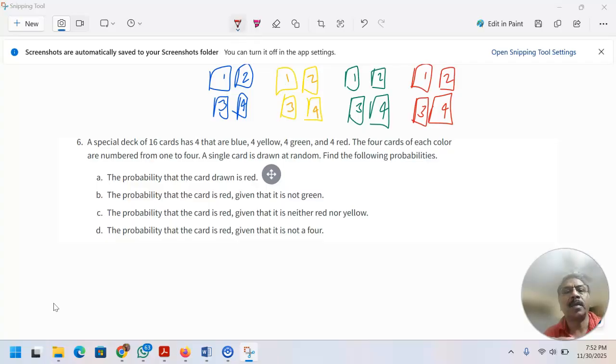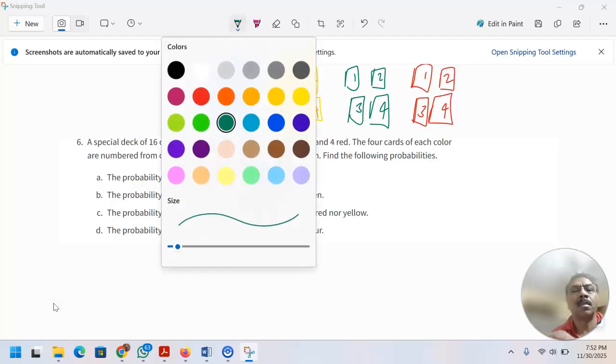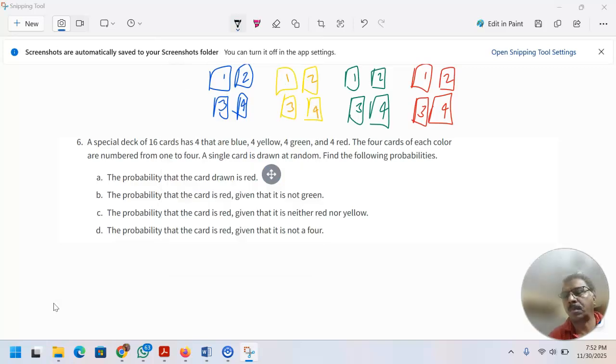So this is question number 6. A special deck of 16 cards. 4 are blue, you can see I already show the blue there, 4 are yellow, 4 are green, and 4 are red.